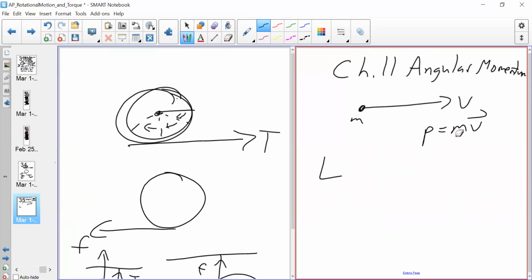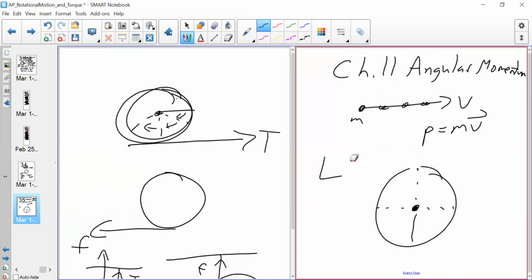Since we're not rotating a point mass, we're going to rotate a collection of masses. So we're not rotating this center, we're rotating the sum of all of these masses that make up this object. That means we're rotating the distribution of all of these point masses from the center, meaning we're rotating about the moment of inertia of this object, because the moment of inertia is the sum of all of these mass points.